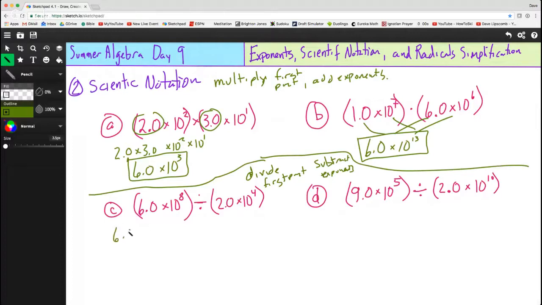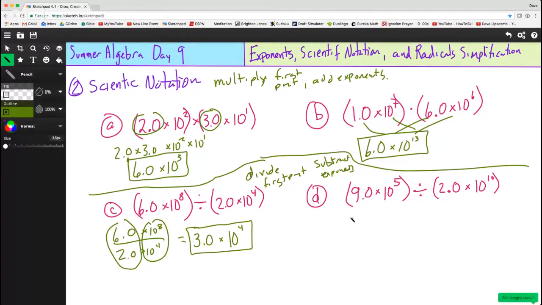Because we take 6.0 times 10 to the 8th over 2.0 times 10 to the 4th, and then we can divide these guys, and then we can divide these guys, right? And so our answer is 3.0. 6 divided by 2 is 3.0. And when we divide powers with the same base, we simply subtract their exponents. So that's 10 to the 4th.